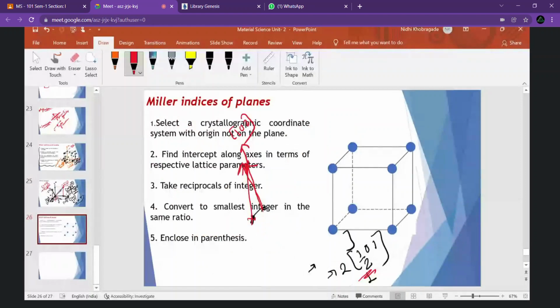Okay, so specifically for planes also there are certain steps that we should keep in mind during indexing the planes of any crystal structure. Okay, so here what we have seen, we are free to choose the origin of a particular crystal structure.